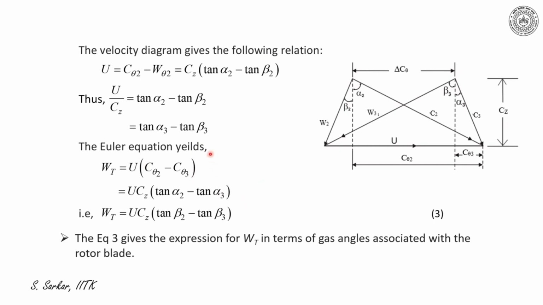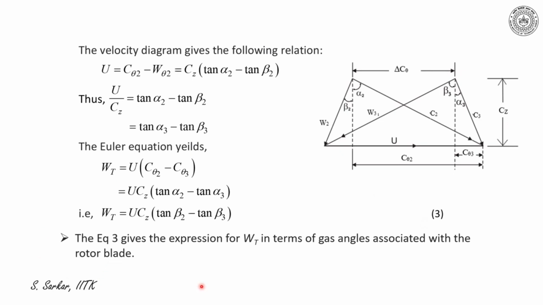Now, if I use the relation U by Cz in terms of alpha and beta, I can write Wt is equal to U into Cz into tan beta 2 minus tan beta 3. This is equation number 3.